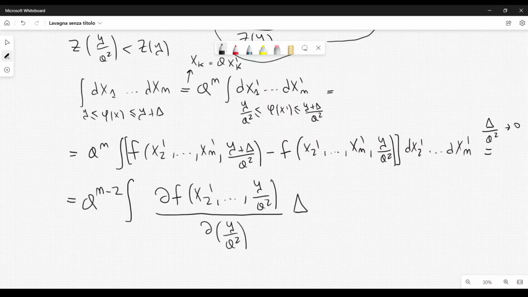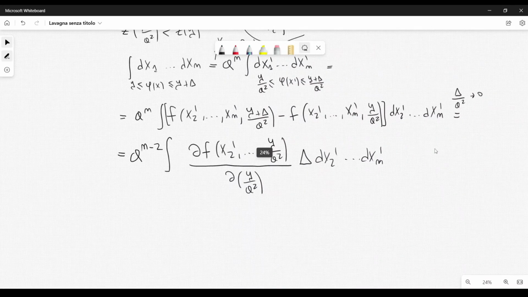Then we multiply by delta, because we let delta go to 0. And in principle here we should multiply by delta over a squared, but I have put 1 over a squared here. And then we multiply by dx2 prime dot dot dot dxn prime. And this is the first result that we get if we change coordinates.